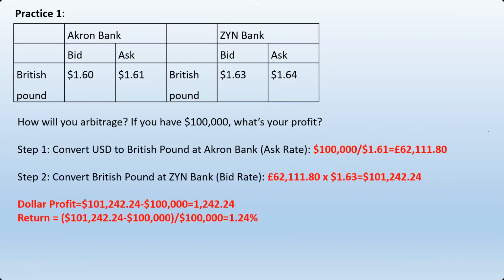The British pound amount we have is 62,111.8. Then we convert British pounds into US dollars at ZYF Bank, multiplying the British pounds by the bid price 1.63. So it's 101,242.24, and we find that our return is 1.24%.